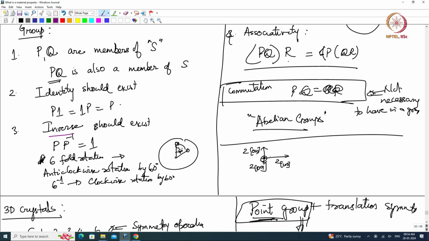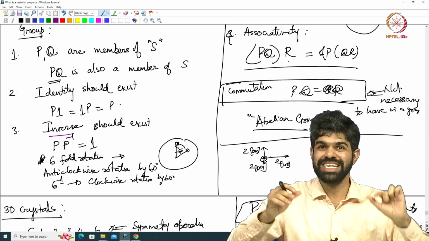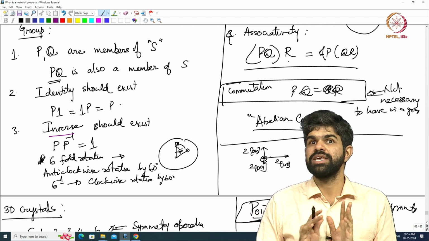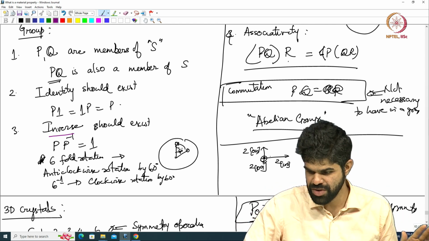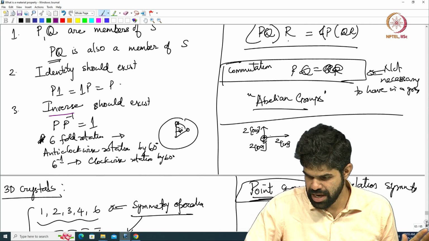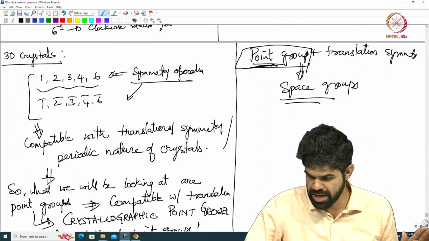The inversion operator is a 1 bar operator, right. So, it is not necessary that a group consists of an inversion operator, right. Now, what is the inverse of operation 1? It is 1 itself, right. Because I apply 1 and 1, I get 1, right. So, an inverse of every operation should exist inside a group, but the inversion operation need not exist. Okay, so that is the clarification. So don't get confused, right.